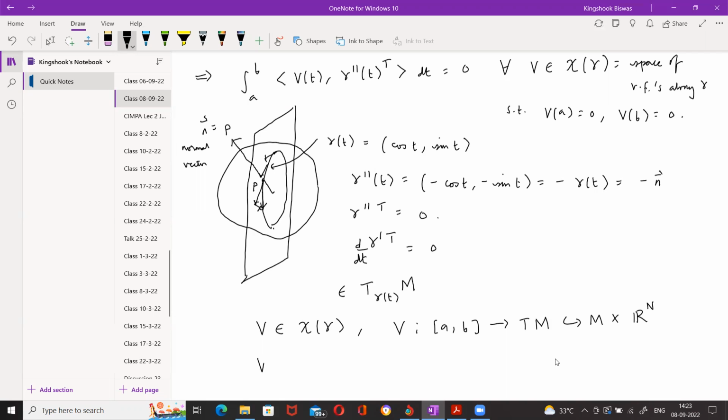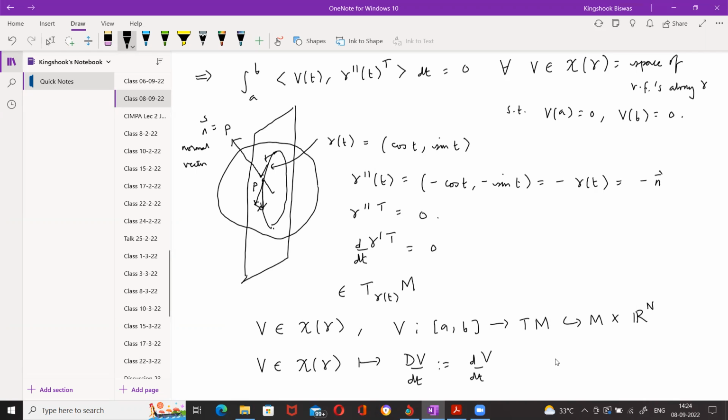Okay. So then I get a map from vector fields along gamma to vector fields along gamma, which I will call capital DV/dt. This is defined as follows: I take the usual derivative of V, that's taking values in Rn. So I can differentiate it as a curve in Rn.